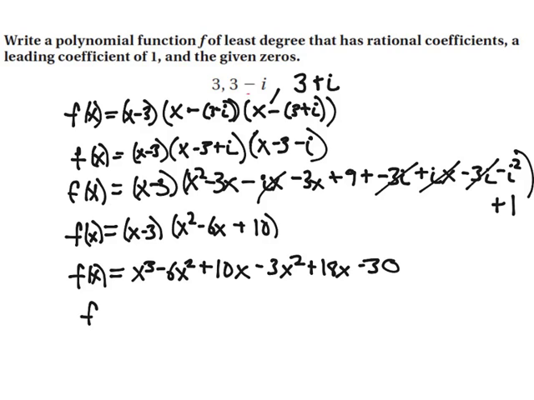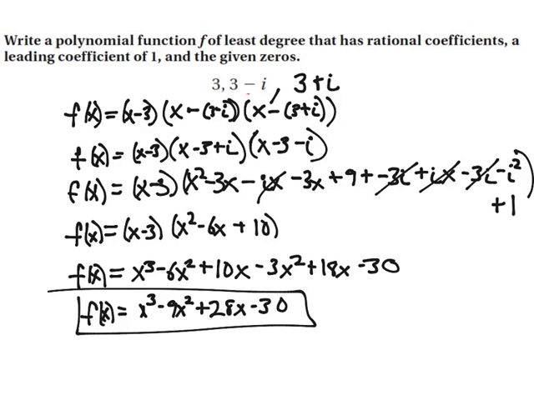Add up my like terms. End up with x cubed minus 9x squared plus 28x minus 30. And there's the original polynomial with the degree of 3.